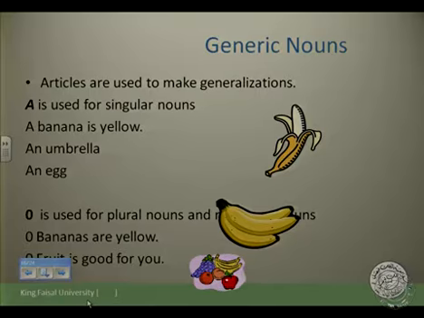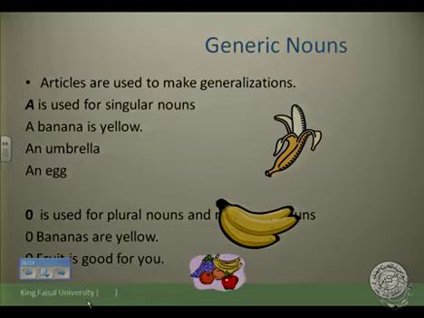Generic nouns. These are articles used to make generalizations. If we have, for example, a banana, we use a to express that we have something that is one. A boy, it means one boy.